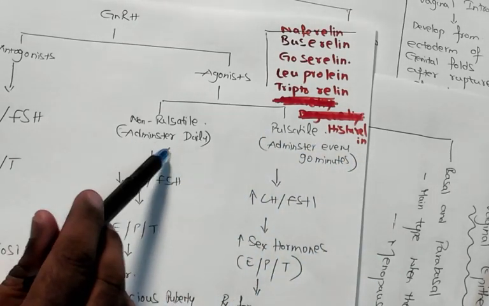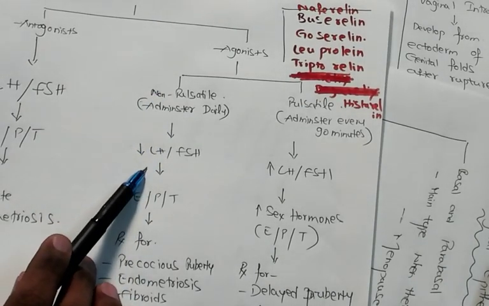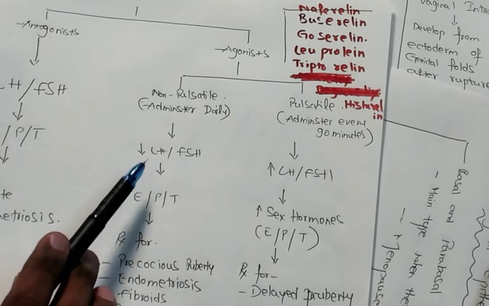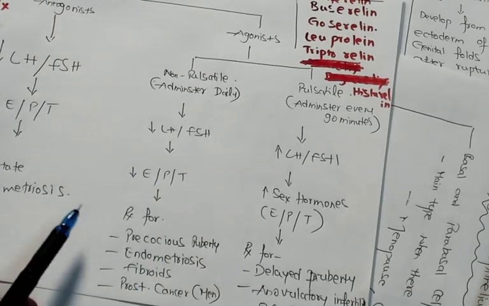If you give them non-pulsatile, they have an inhibitory action. Though they are GnRH agonists, if you give non-pulsatile, they will have an inhibitory action. They decrease the LH and FSH, they decrease the estrogen, progesterone and testosterone.